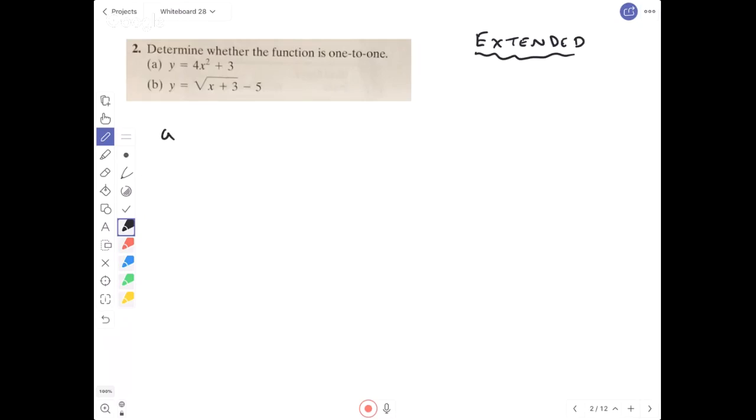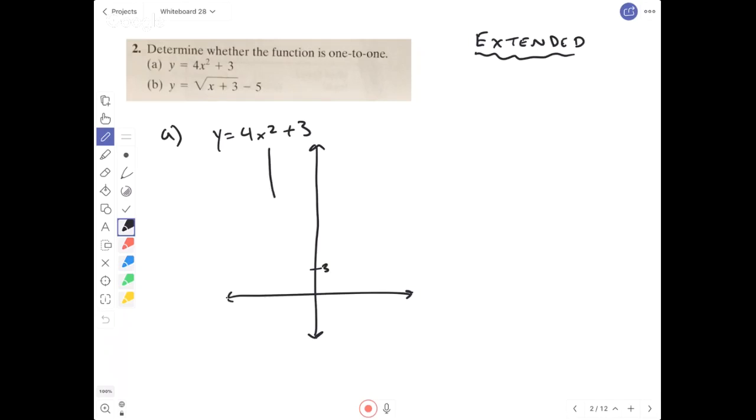So A, I'm thinking about y equals 4x squared plus 3. I'm going to sketch a quick graph. I would probably just do this in my head. If I was on a test, I'd be like, oh, it's a skinny parabola that has a y-intercept at 3. And then I'm able to check in my head, okay, this function is going to have two inputs that both give the same outputs.